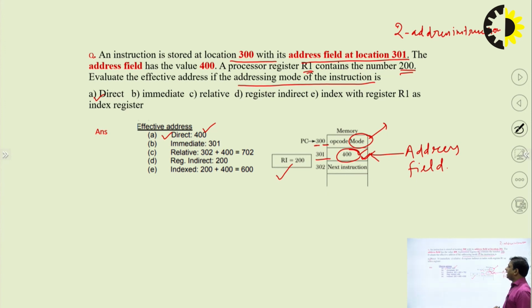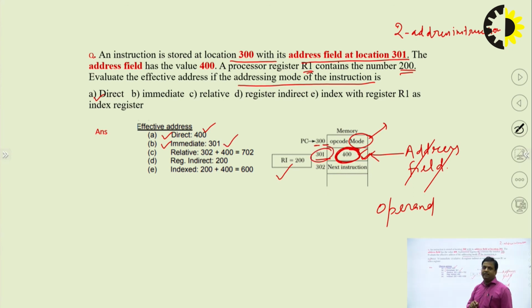In case of immediate, the address field becomes the operand field as per definition. There is no need of an address field in the immediate. So what is the address where the operand is? This 400 is the operand, and the address of this operand is 300. So the effective address will be 300.